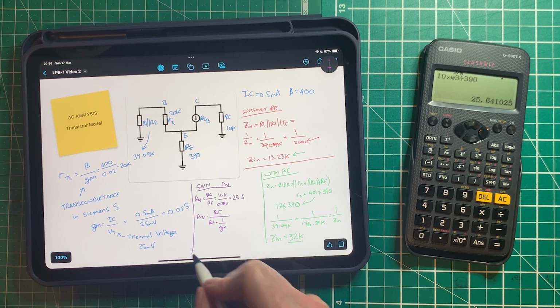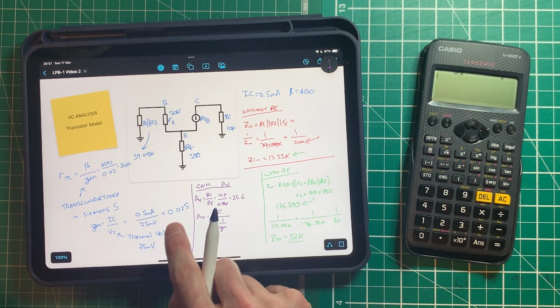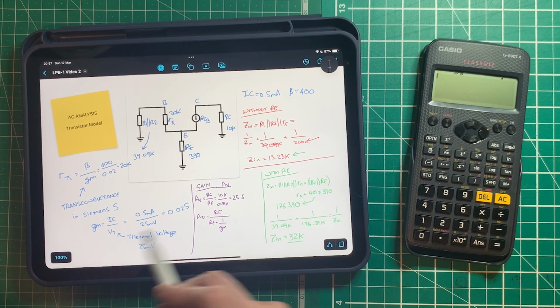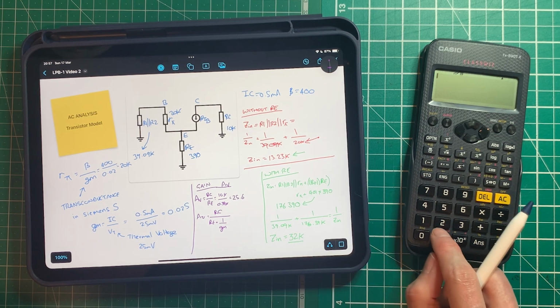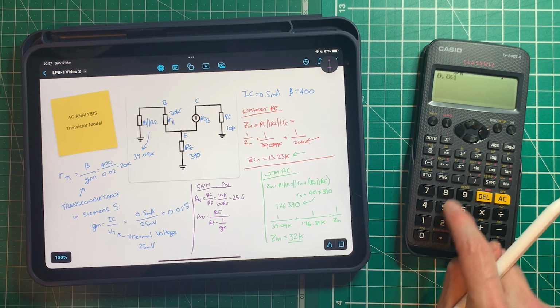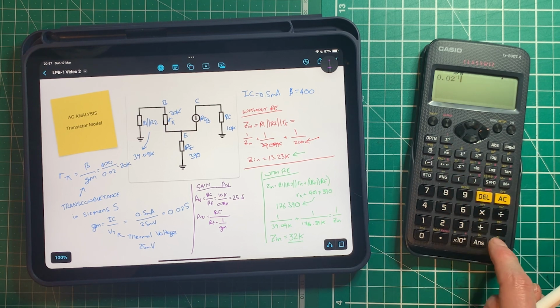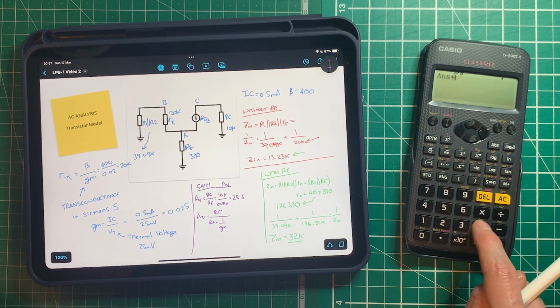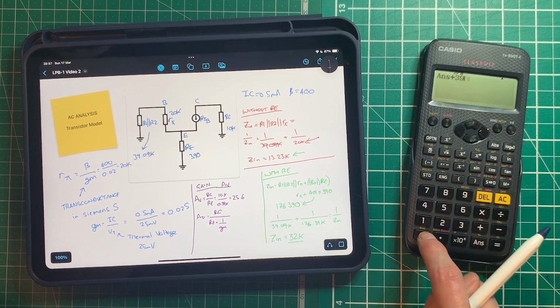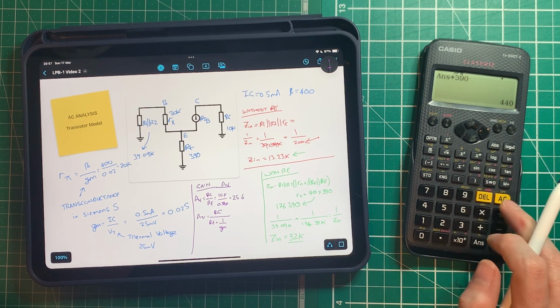GM. So it's the reciprocal of the transconductance here. So 0.02, 1 over 0.02 equals 50 plus 390 equals 440.